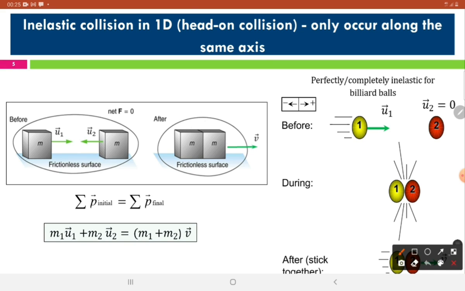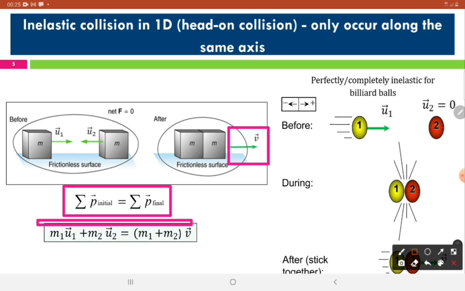Since the momentum is conserved, we can use the principle of conservation of linear momentum, which is total P initial is equal to total P final. After collision, both objects share the same final velocity. Hence, the equation for inelastic collision in 1D motion is m1 u1 plus m2 u2 is equal to m1 plus m2 multiplied by v.